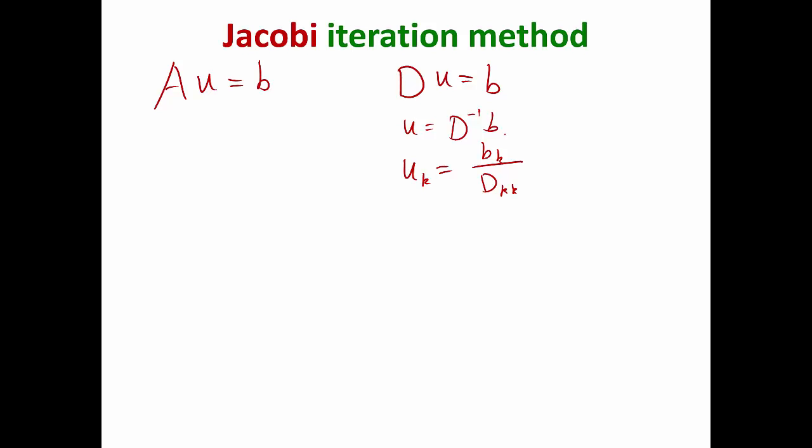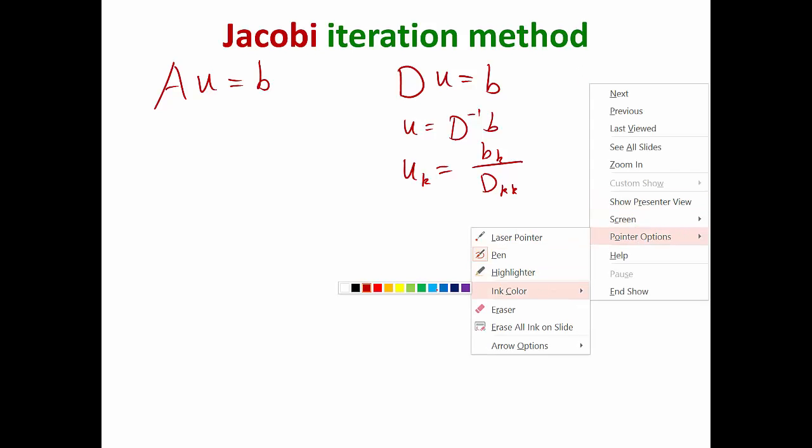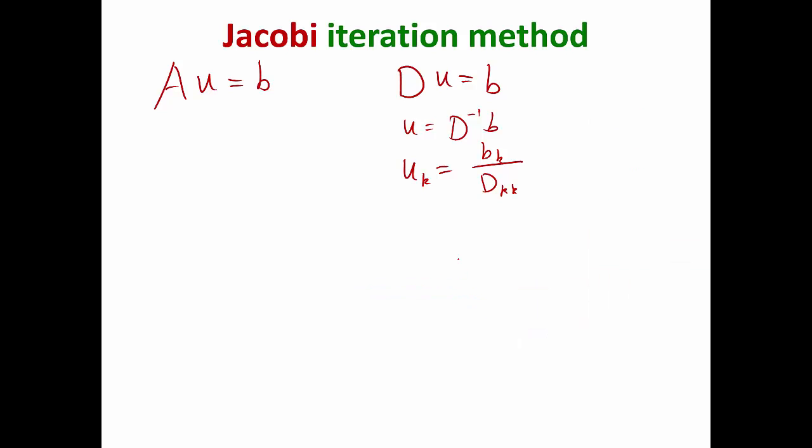So how do we generalize this method for a diagonal matrix into a method that we can use to solve more matrix equations? Well, the idea is I'm going to decompose the matrix A into diagonal and off-diagonal parts.